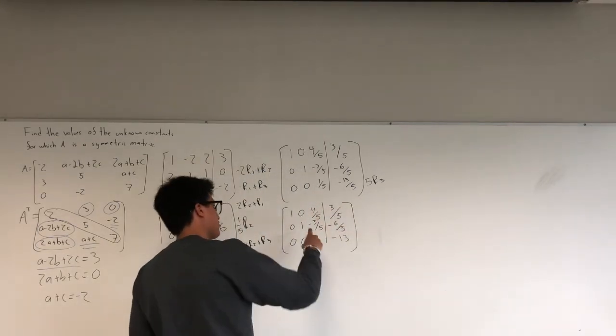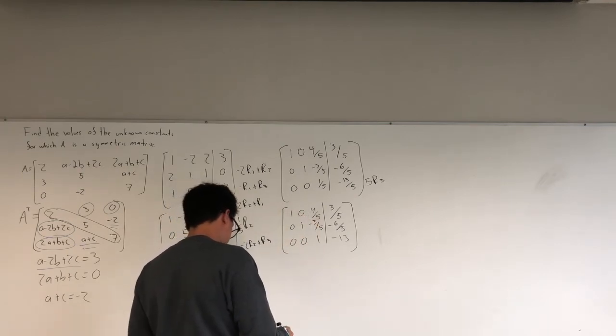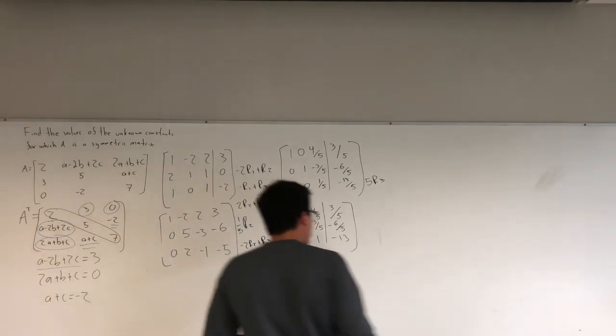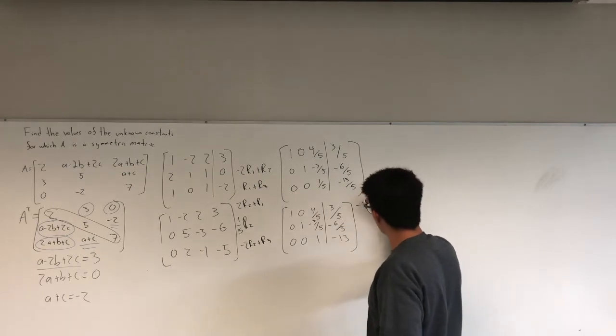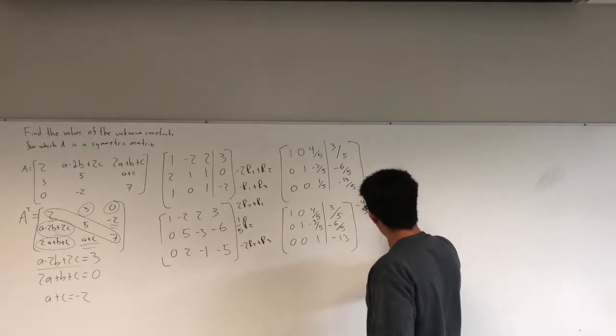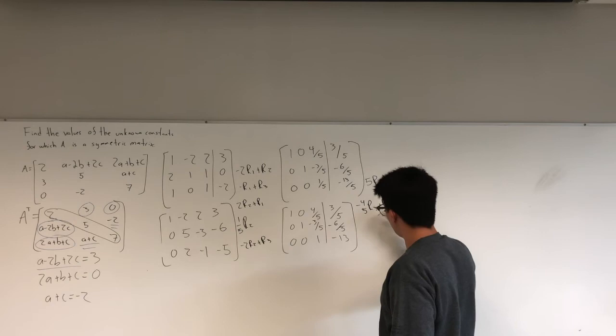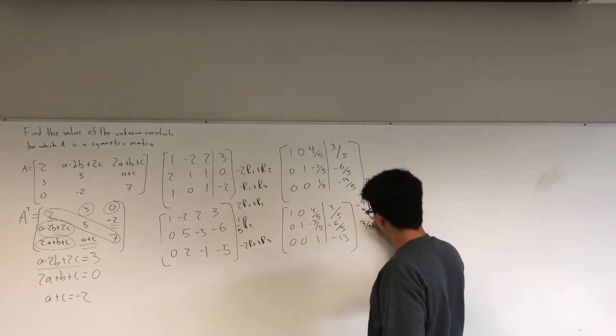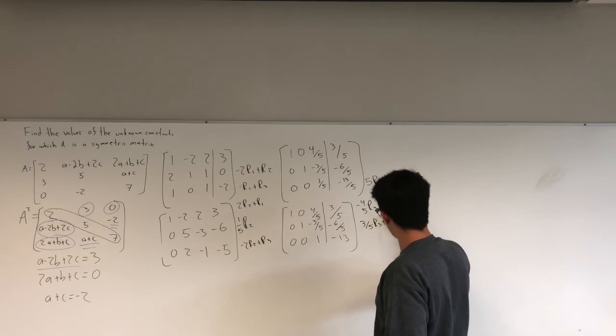And finally, we need to turn these two values into zeros. By multiplying minus 4 times R3 plus R1 and 3 over 5 times R3 plus R1.